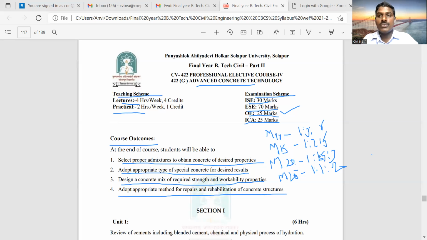We will learn how to do repairs and rehabilitation in this subject. Unit number 9 is based on repairs and rehabilitation. So these are the outcomes which we will gain after the end of this course.